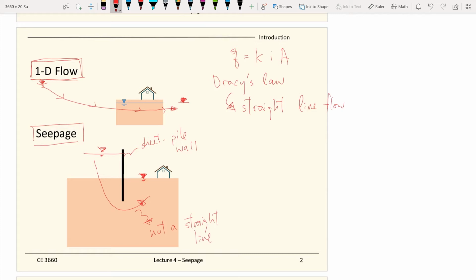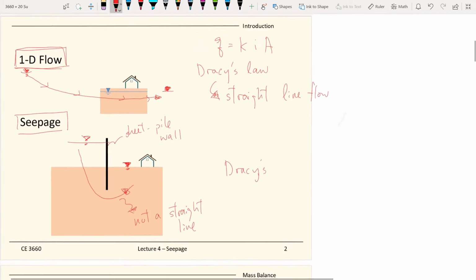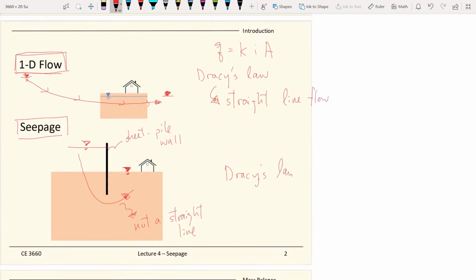Then in that case, Darcy's law... So what has been working in the past? We relied on Darcy's law to do a lot of calculations. Since the water is not going through a straight line, Darcy's law is not valid anymore.